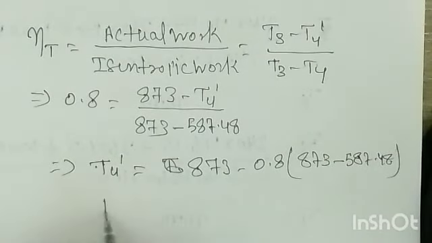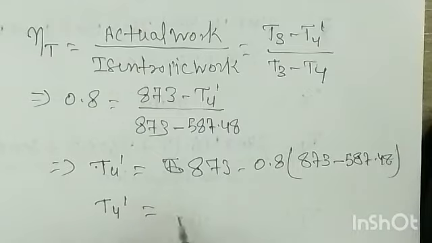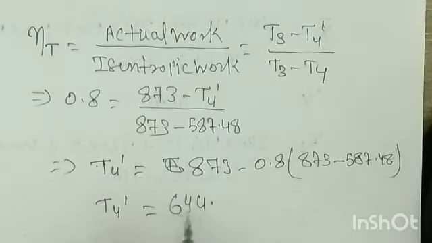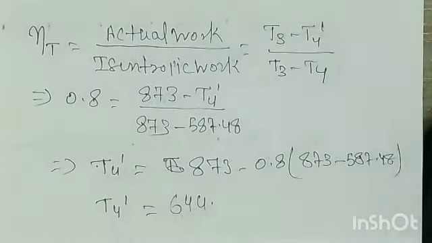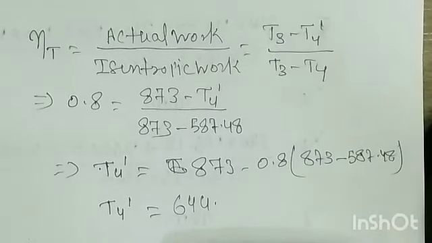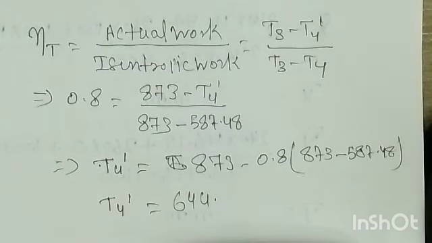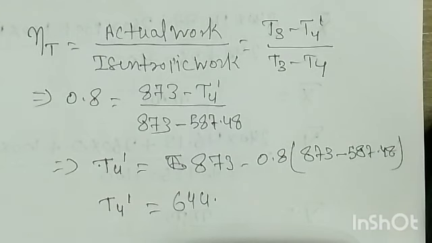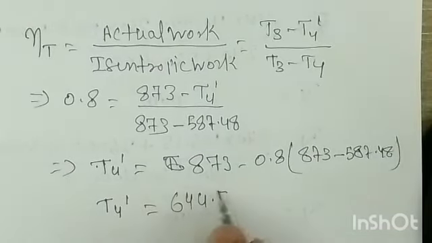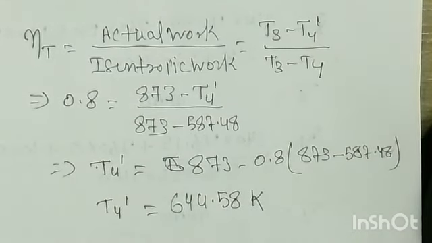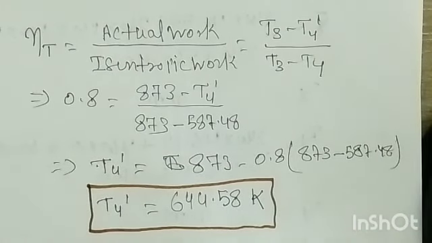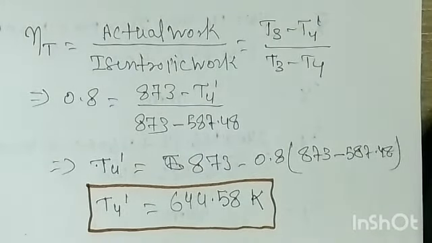Let me check, just hold on, I will do the calculation. 873 minus... so this is 644.58 Kelvin. Now we have all the temperatures at the end of the compression and expansion.